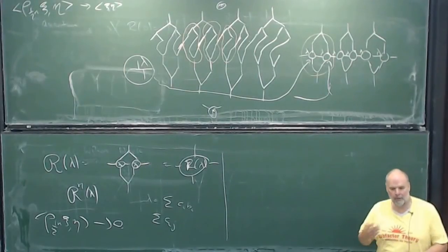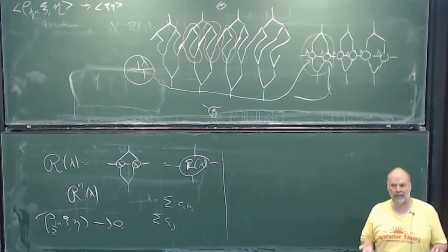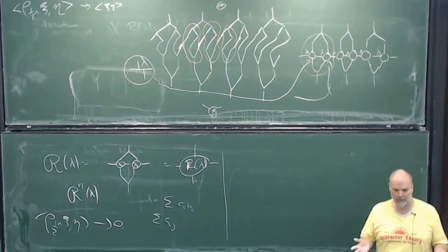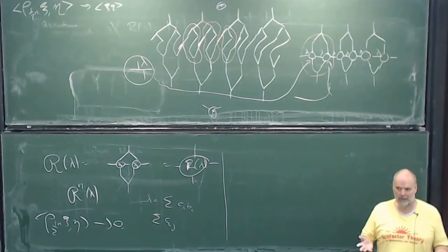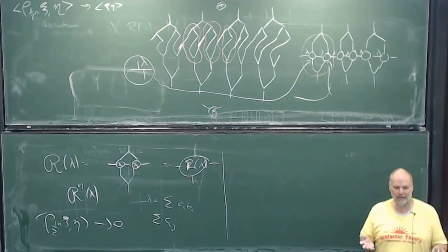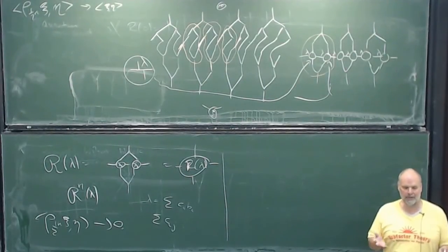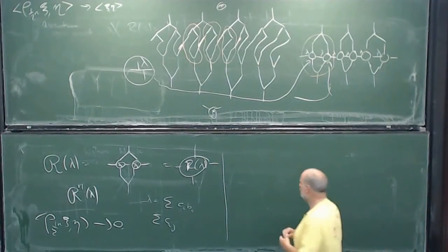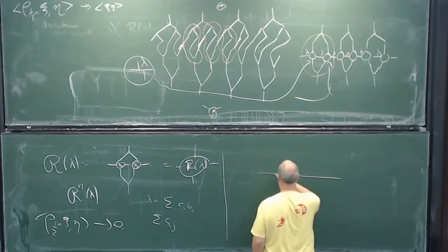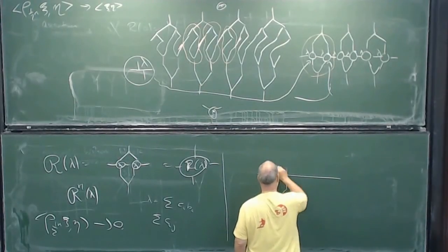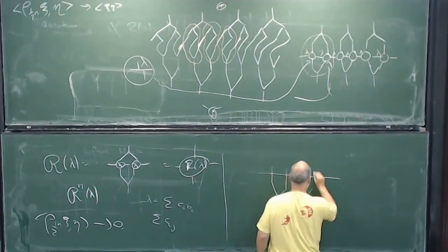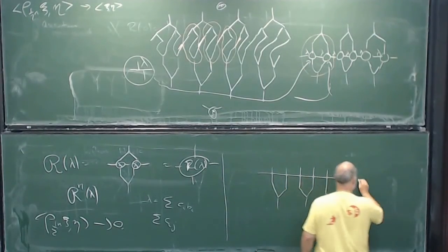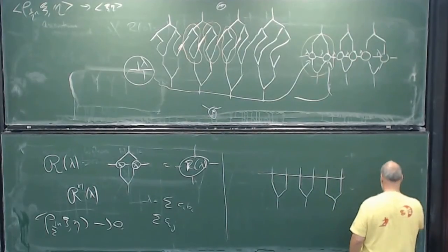So before giving up completely, I should investigate the possibilities of having a Hamiltonian, or a transfer matrix, at least. So in the few minutes that remain, I'm going to tell you a little bit about the possibilities of a scale invariant transfer matrix. All right? So if we had a transfer matrix that was scale invariant, then we would want this picture here to be equal to this picture here.